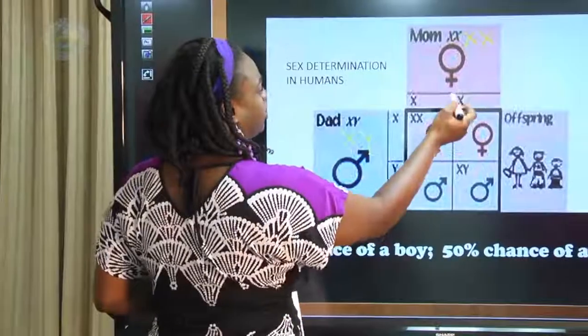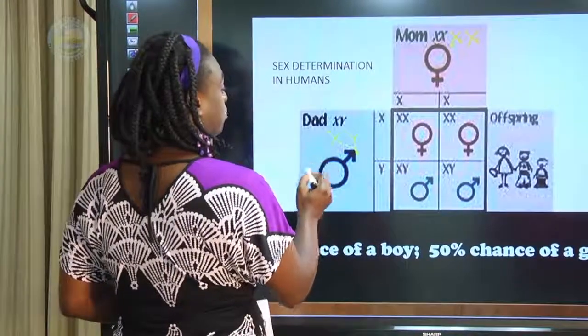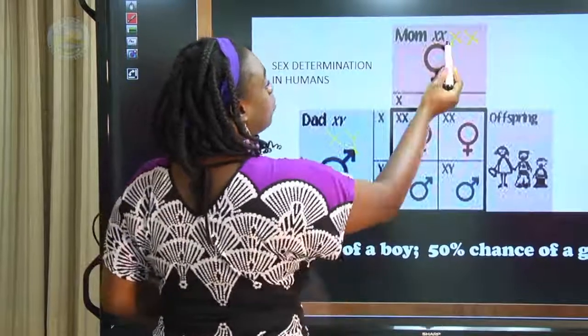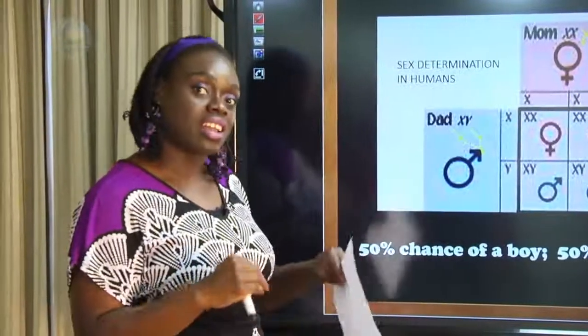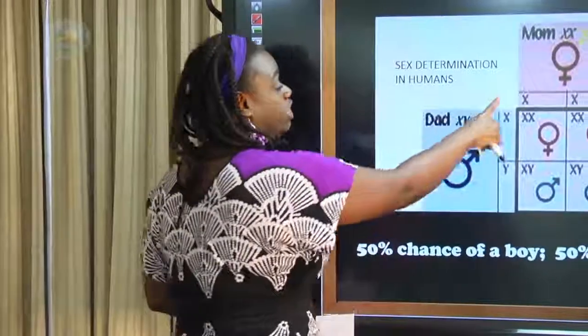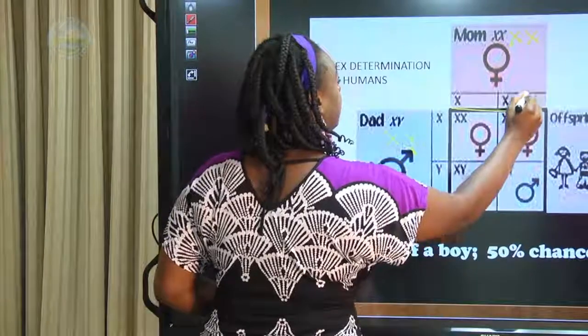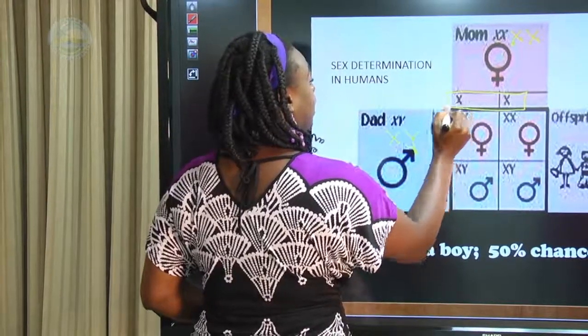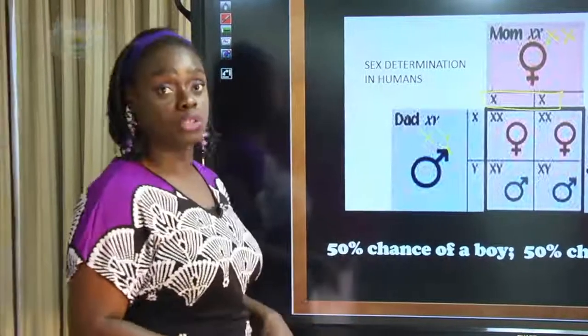Now, just for knowledge, this is a symbol for female and this is a symbol for male. So the woman, her gametes can only contain X chromosomes. So we're using the Punnett square again, and we have put the female gametes here. So we have X and X because all her gametes would only have X chromosomes.